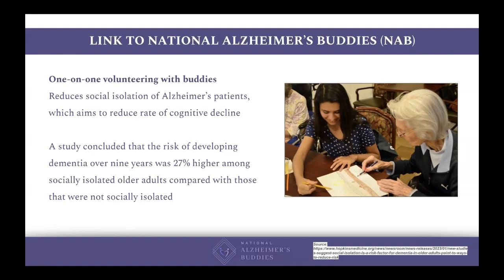This essentially means that by reducing social isolation, by volunteering with buddies at nursing homes that can often be very socially isolating, we might be able to reduce the rate of cognitive decline seen in dementia patients, especially Alzheimer's.